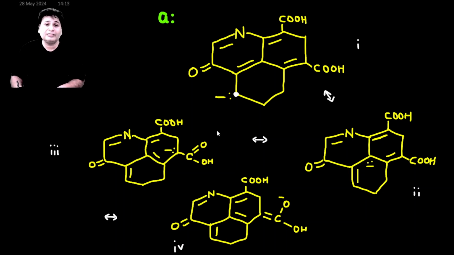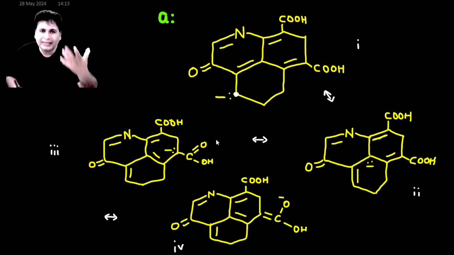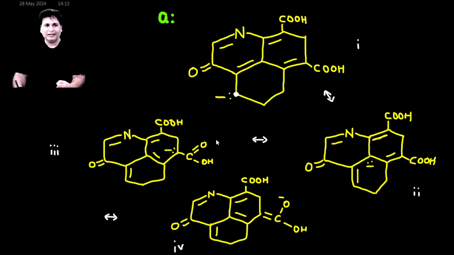Now to assess the stability of this anion, this carbanion, you have to see if there is any possibility of delocalization of this minus charge, because I have told you so many times that a charge, either positive or minus, is not a good thing. So to make it a relatively better situation, you delocalize those charges, and for delocalization you have to see the possibility of resonance.